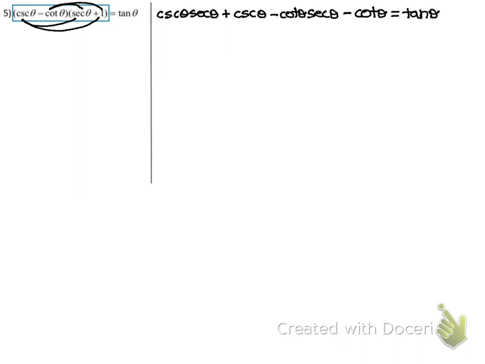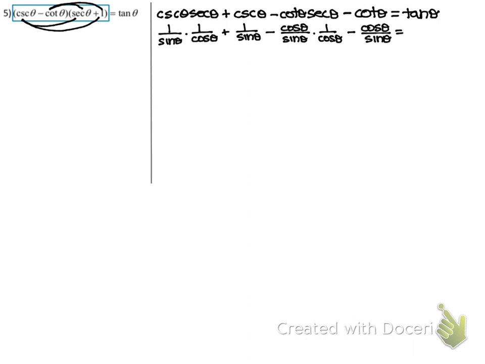So cosecant I know is going to be 1 over sine theta times secant, which is 1 over cosine theta, plus 1 over sine theta minus, well, cotangent is cosine over sine, times secant, which is 1 over cosine. And then cotangent is cosine over sine.